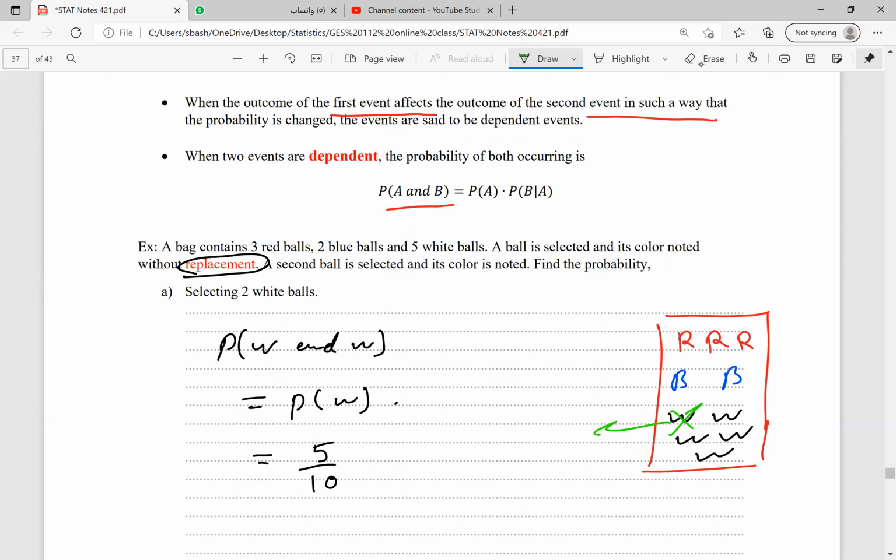So the probability is changed because the total number is not 10. I don't have 10 balls anymore. I have only 9. Also, I have 4 white balls inside the bag, not 5. So you can see that the probability was changed, which means these two events are dependent, not independent.